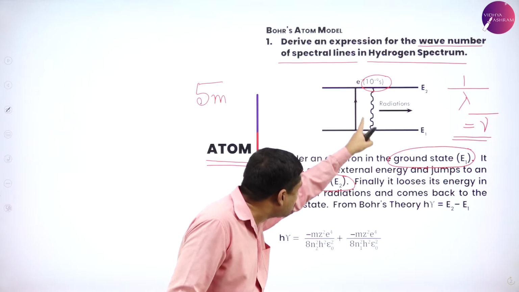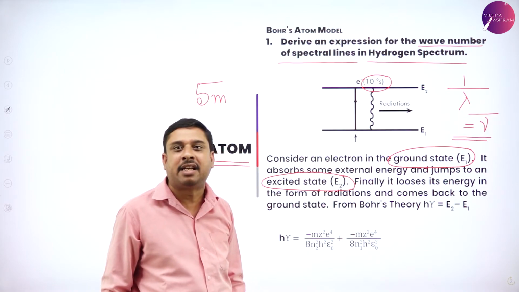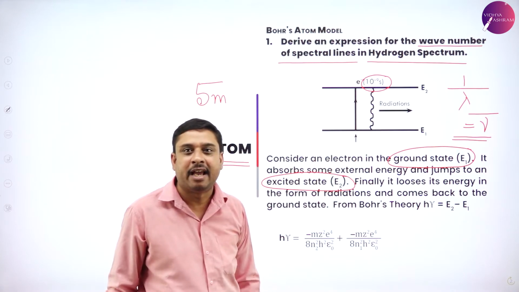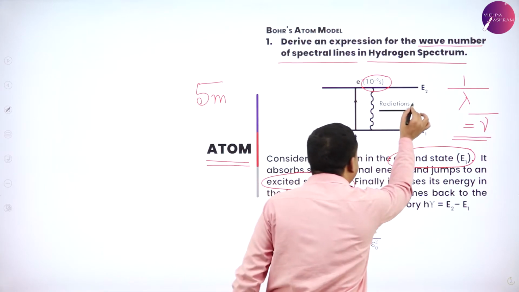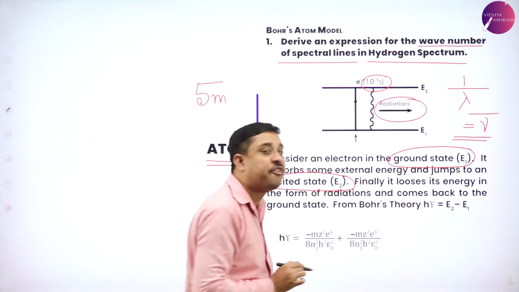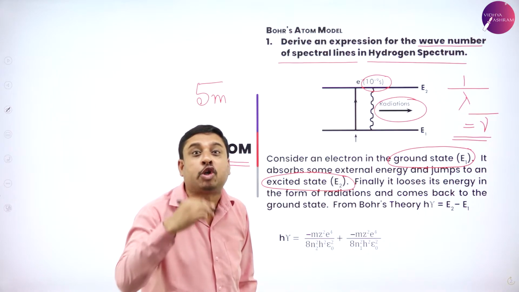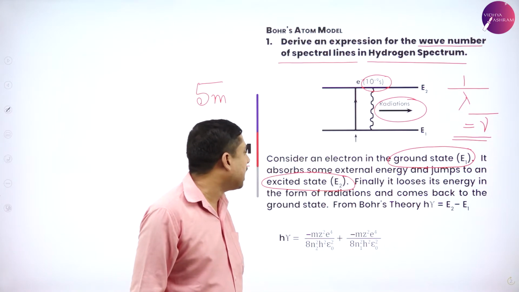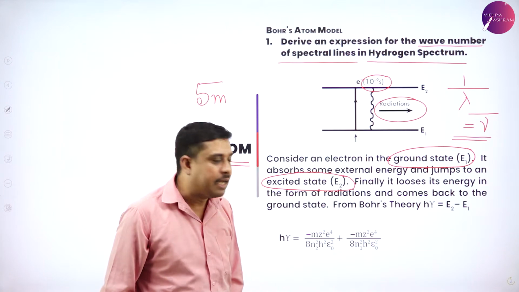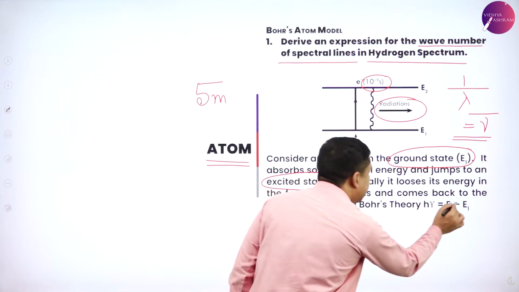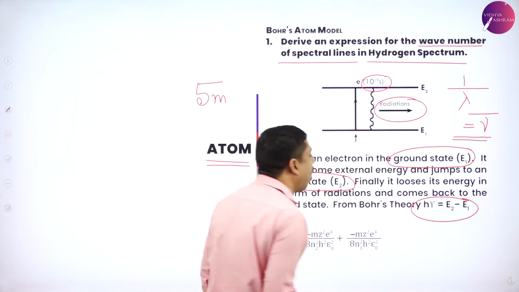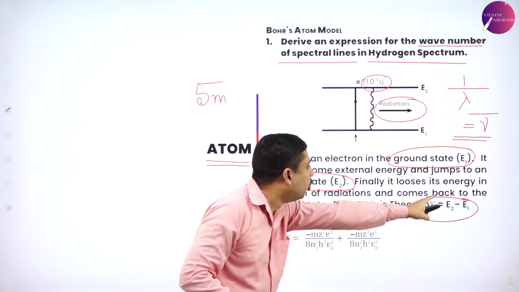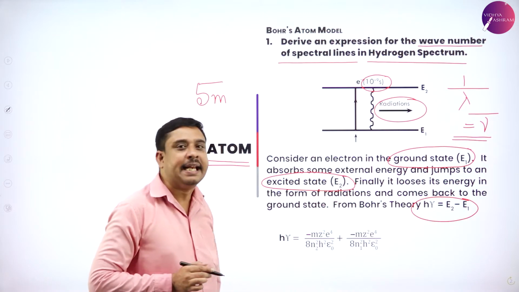Then it has to come back to the ground state. It has to lose its energy. It loses its energy in the form of radiations, which we call photons, and it comes back to the ground state. Therefore, the energy of the photon h nu is equal to E2 minus E1.